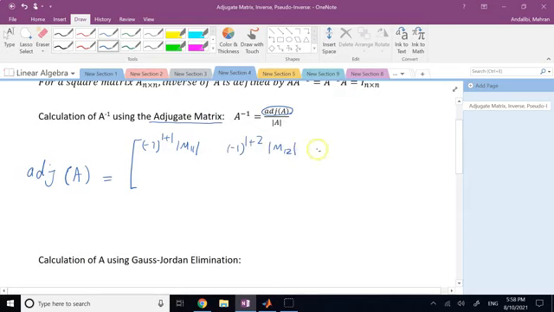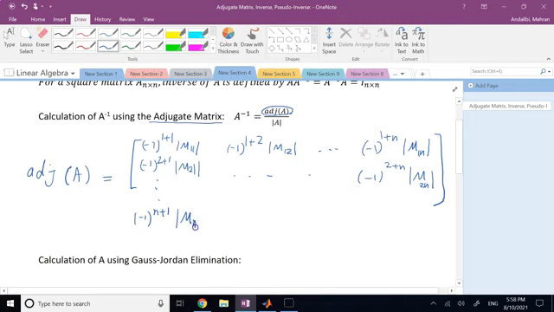And then you keep repeating, and this is going to be negative 1 to the n plus 1, determinant of submatrix n1. Keep going, negative 1 to the n plus n, determinant of submatrix nn, correct? And so this is the matrix of cofactors.